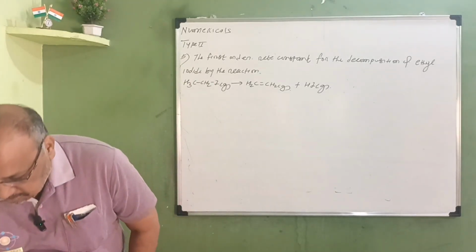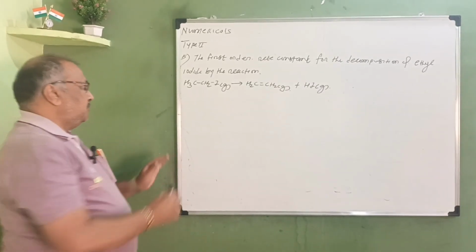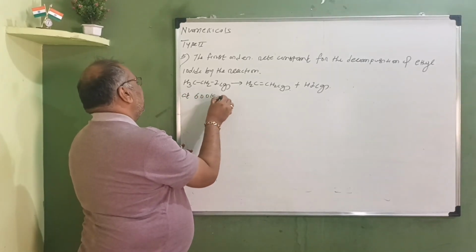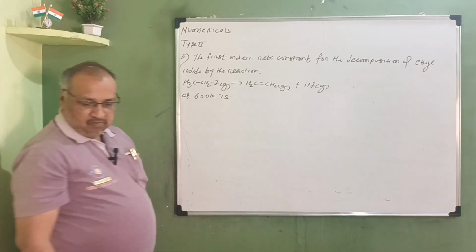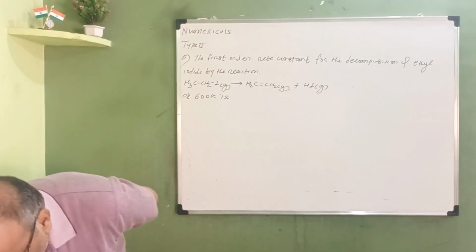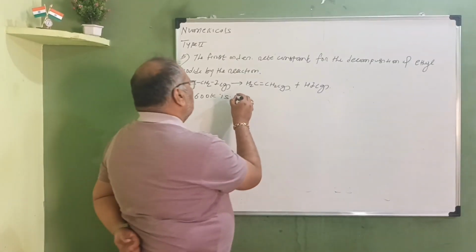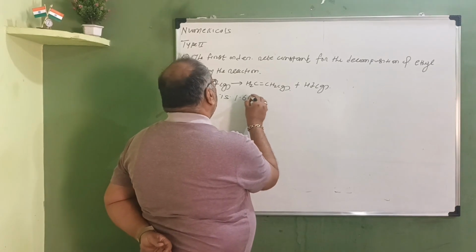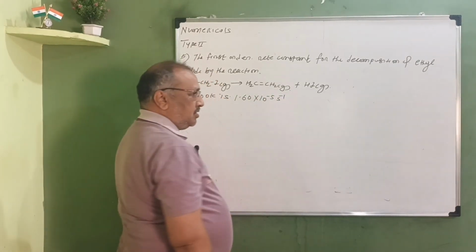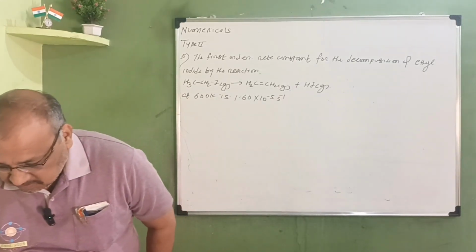Now here at 600 Kelvin it is 1.60 into 10 to the power minus 5 second inverse.